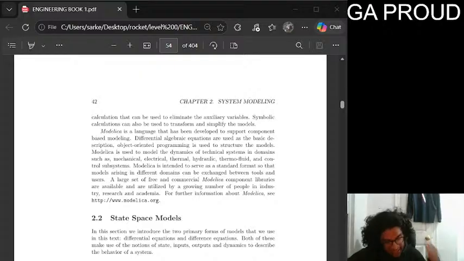And obviously, in our state, we have altitude and velocity. These are the only two things we have.